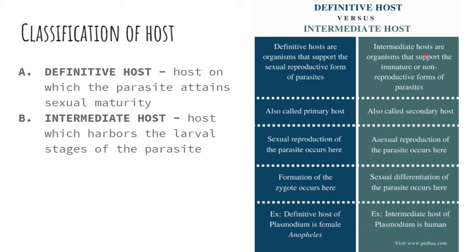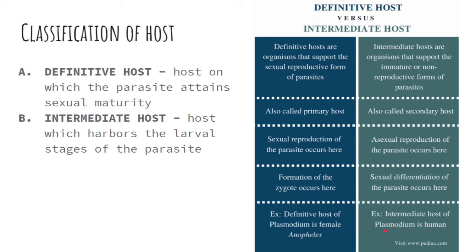Intermediate hosts are organisms that support the immature or non-reproductive forms of the parasite. So, larval stages nga po yan. The intermediate host is also known as your secondary host. This is where the asexual reproduction of the parasite occurs. Sexual differentiation of the parasite occurs here. A good example of this is the intermediate host of Plasmodium as well, which is your humans.